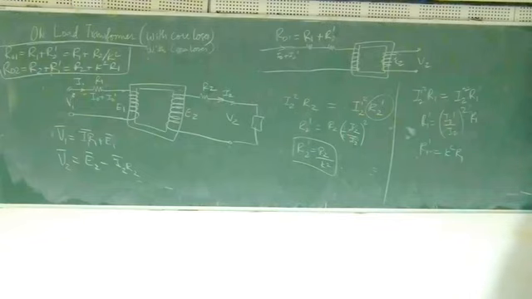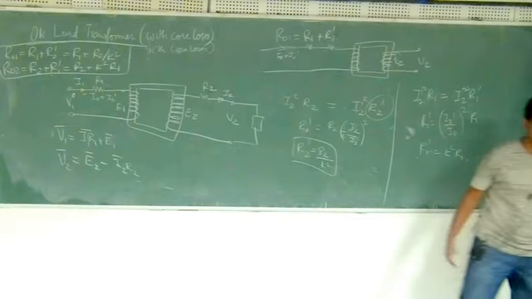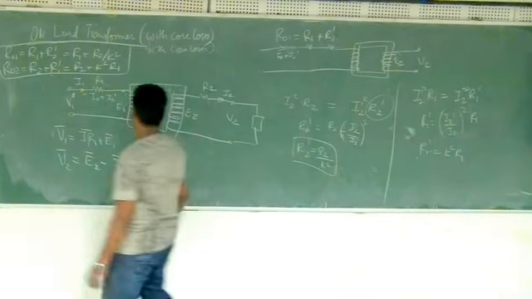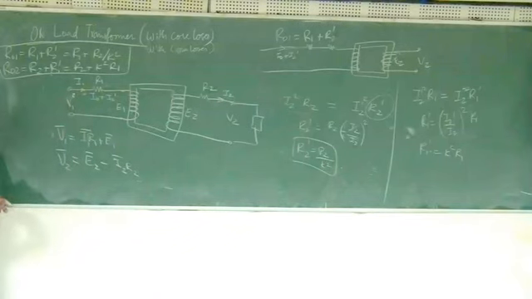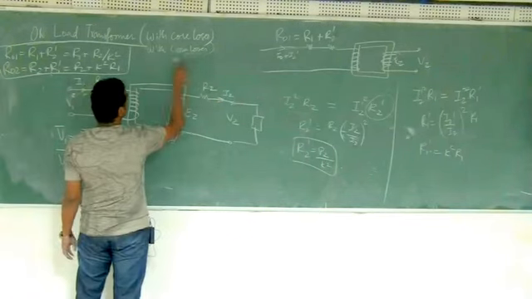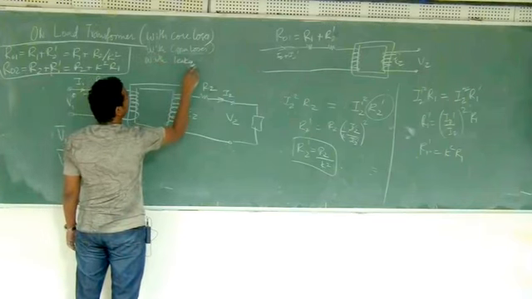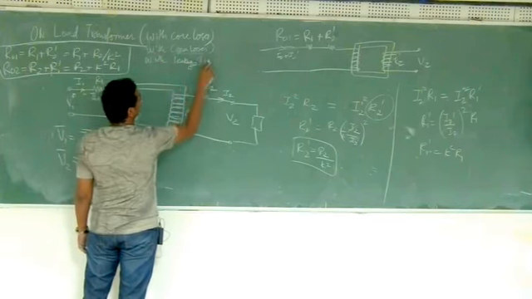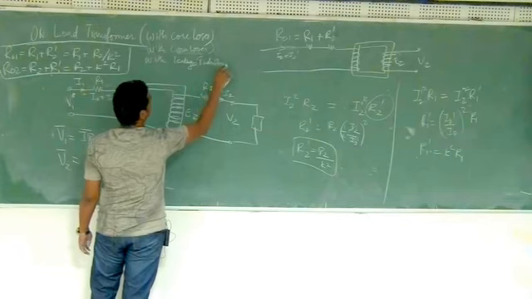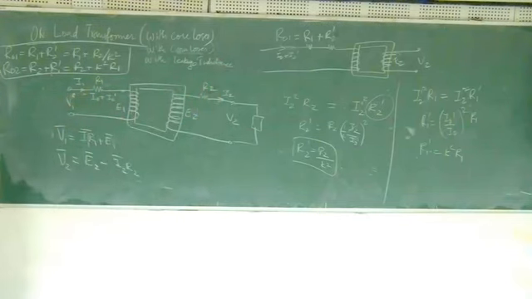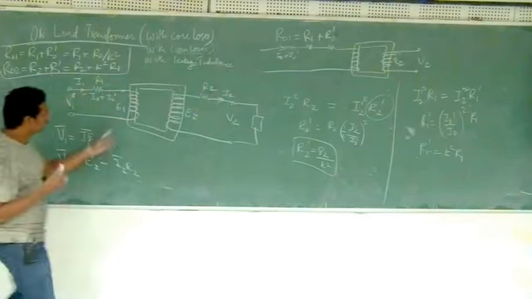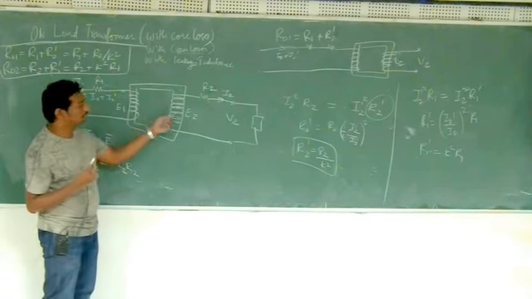Now I can explain the same thing with another conceptual thing added, with copper losses and with leakage inductance. So what happens with leakage inductance? In the ideal transformer, all the flux produced by this coil is linking with the other coil.